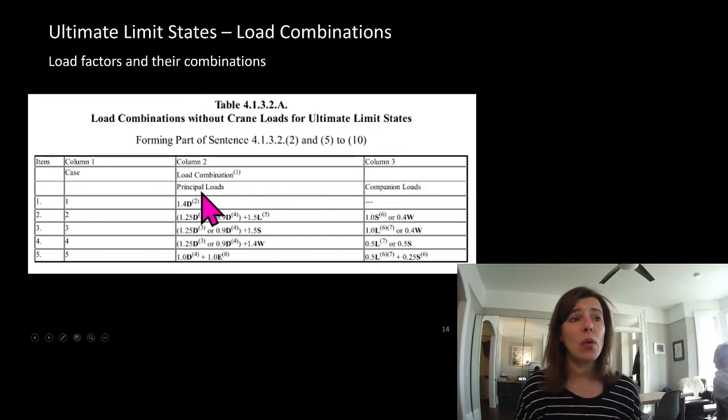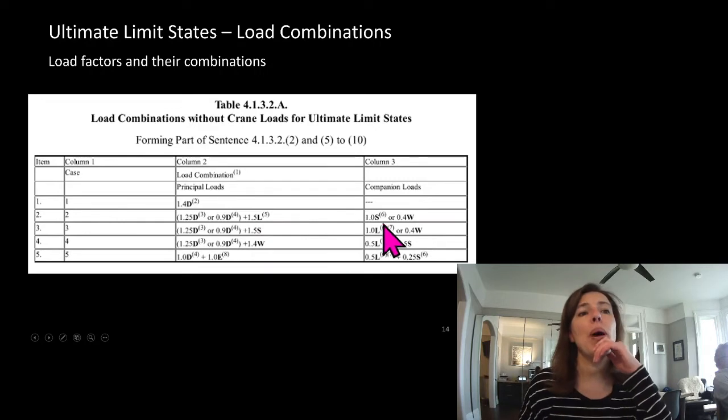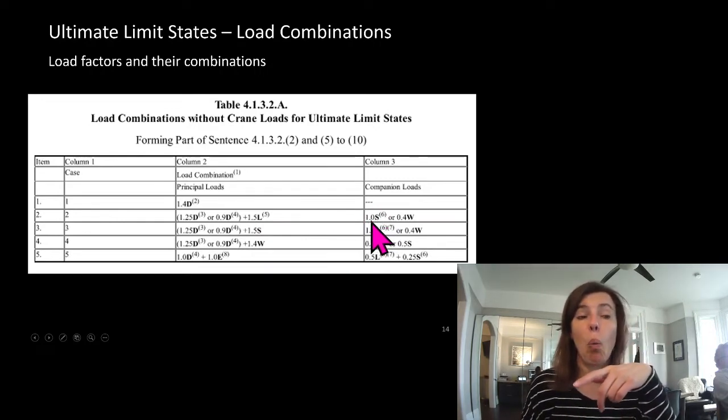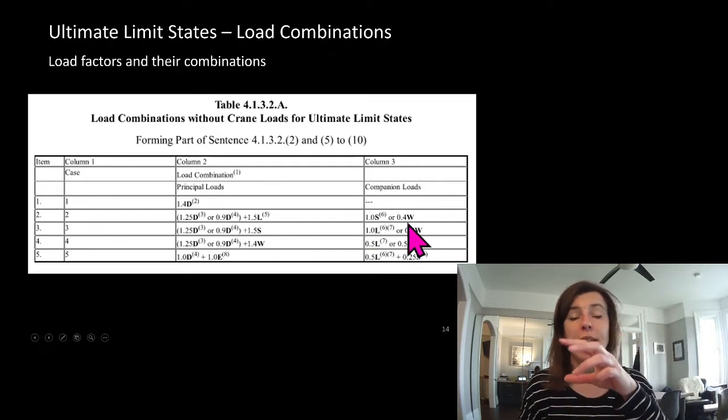If we have dead load all by itself, we multiply that dead load by 1.4. If we have a dead load and a live load, we multiply the dead load by 1.25 and the live load by 1.5. And then we stop and think, is there a possibility that we could have snow? If so, we also include 1 times snow. Is there a possibility of wind on that element? If so, 0.4 times the wind as the companion load.